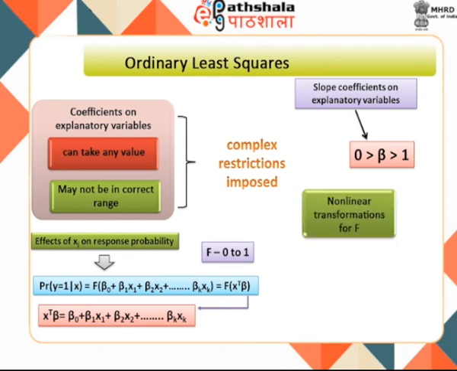Various nonlinear transformations have been suggested for the function f in order to make sure that the probabilities lie between 0 and 1. Probit and logit models are some suggested functions.